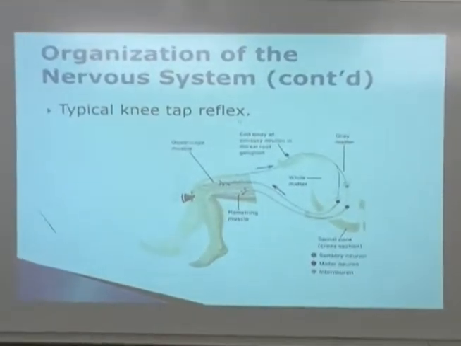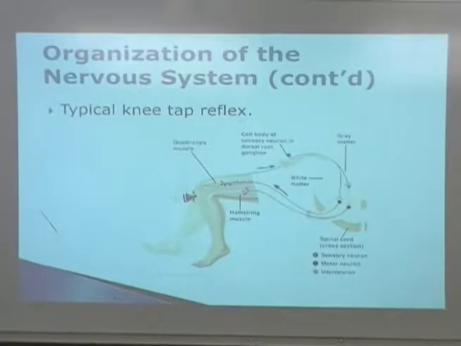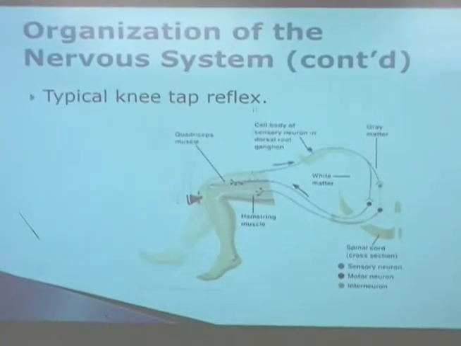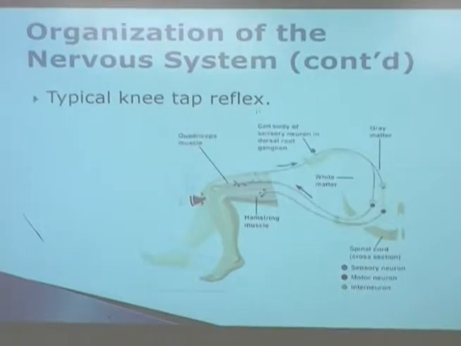Okay, so a knee tap reflex is a good way of testing how the muscle spindles and the GTOs are working. So they often use it in a physio situation.